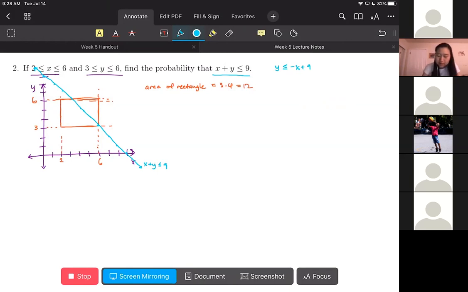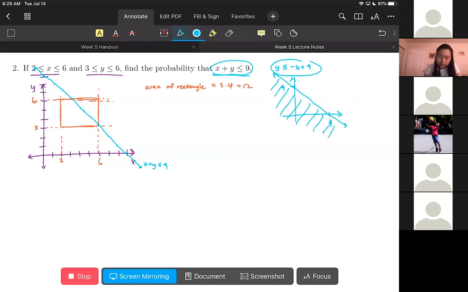Yeah, so remember if we were to graph y is less than or equal to negative x plus 9, these are the same, you would graph like so. And then the less than or equal to part would be this side.